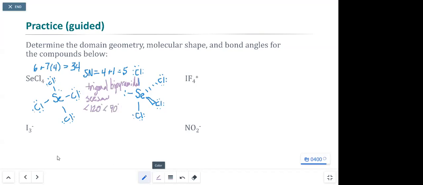Because this lone pair here is going to push down on all of these bonds. So these bonds, which are currently at 120, they're going to get squeezed together a little bit by the extra repulsion in this lone pair. These axial positions are going to get squeezed down a little bit by the extra repulsion in this lone pair.